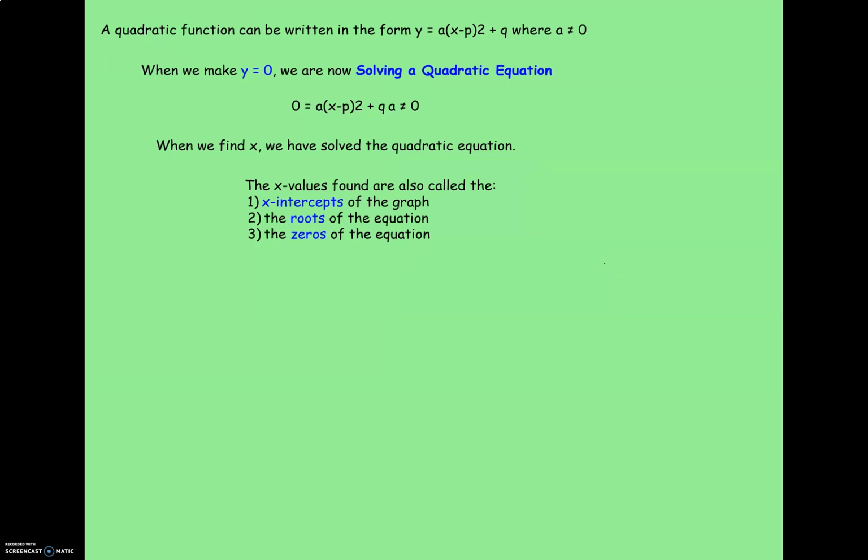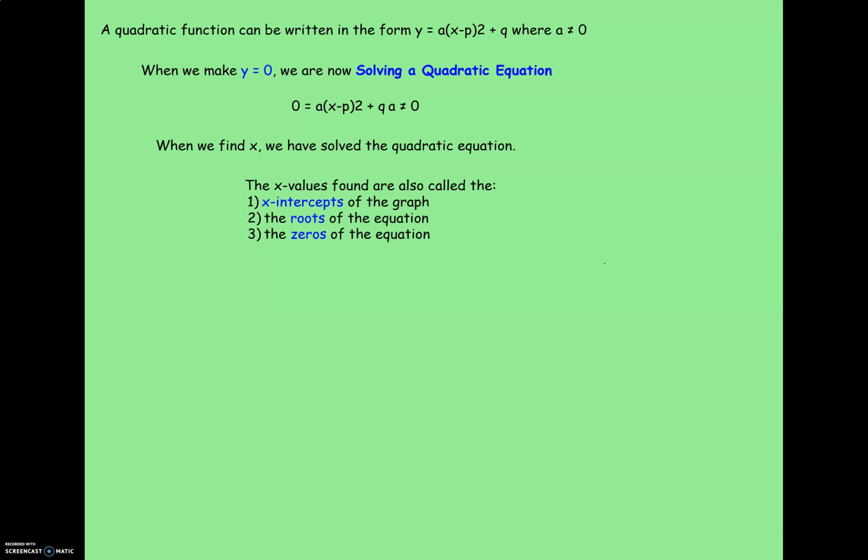A quadratic function can be written in vertex form. When we make y equal 0, we are now solving a quadratic equation. When we find x, we have solved that quadratic equation. So the x values found are also called the following: x-intercepts, roots, zeros.